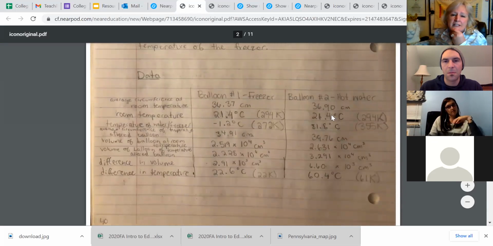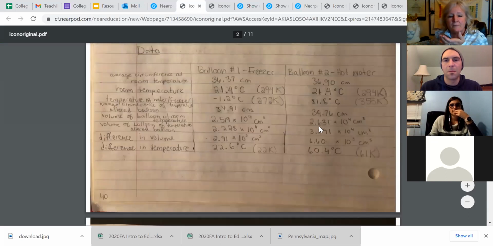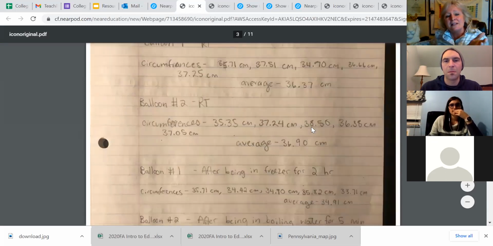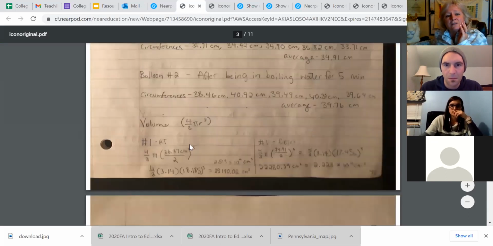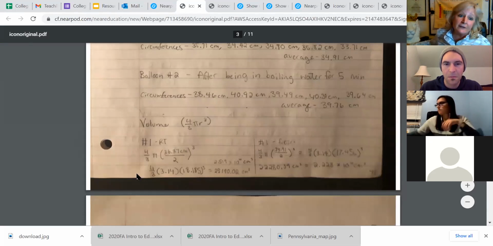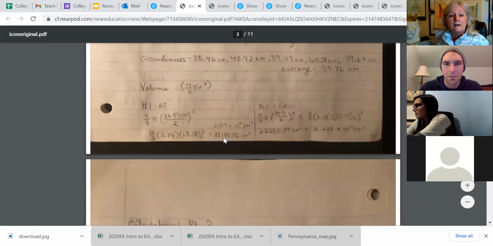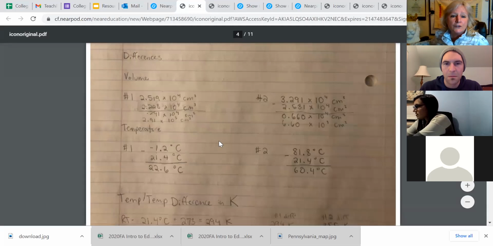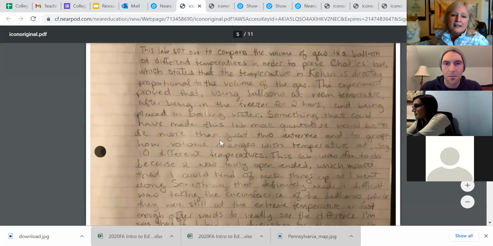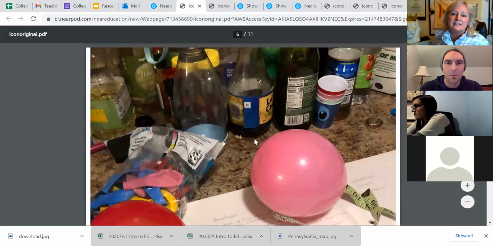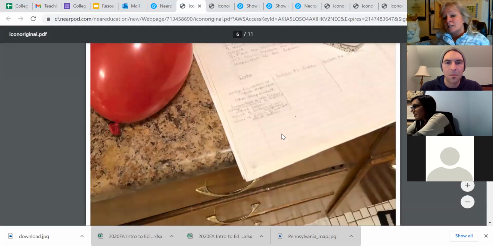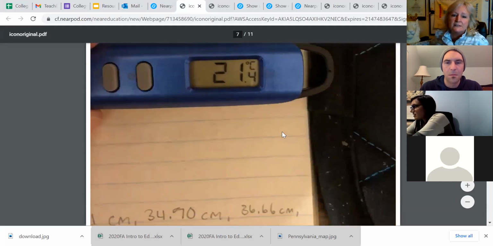This particular student used 2 different balloons, and we talked about how that might impact the experiment as well. But notice this student also set out to use the actual formula for a sphere, 4/3 pi r cubed. And so much greater sophistication. And this student is an A student, compared to the previous student, which is a C student.